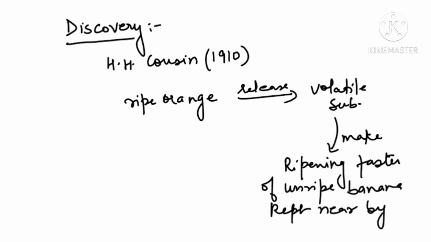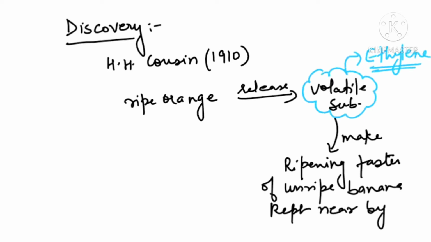And later on it was identified that this volatile substance which is released is ethylene. So it was identified as ethylene. So this was again a type of PGR. Is it clear? Which is the gaseous PGR.